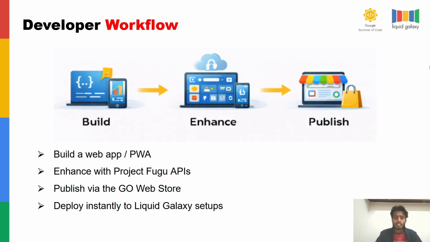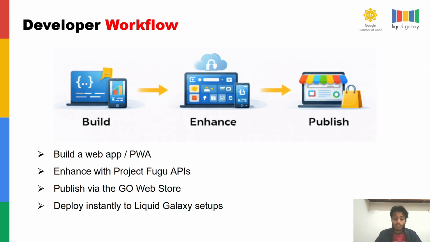The final step is to deploy. Deployment is almost instant. A Liquid Galaxy setup can simply access the web application from Go Web Store and start using it immediately. There is no complex installation, no per-machine setup, and no platform dependencies.